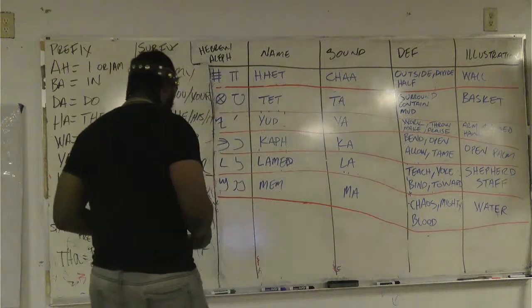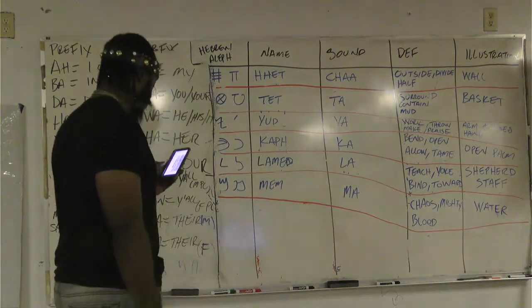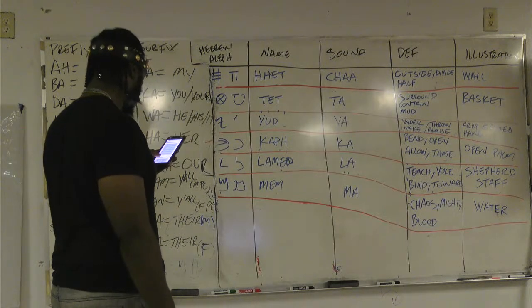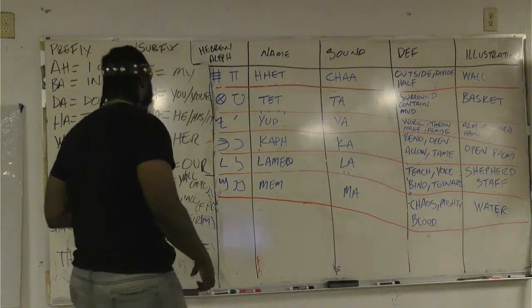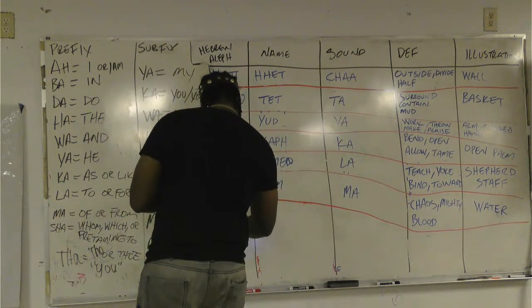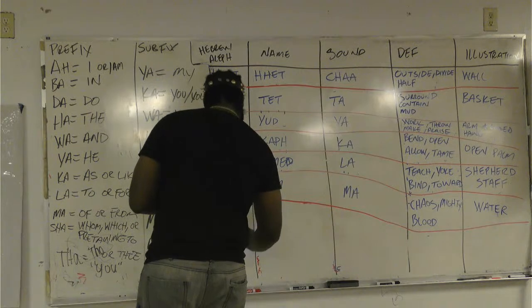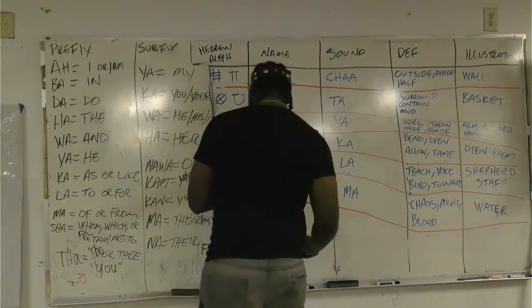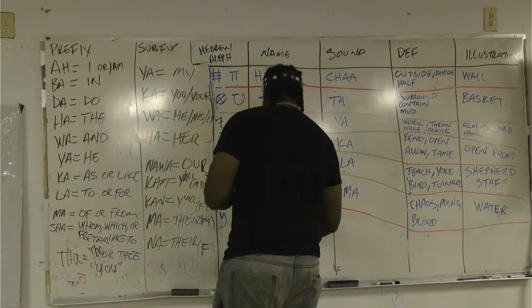We're going to do one more, and then we're going to pause here for the day. The next one we're going to do is Na. The Yiddish name for it is the Nun.